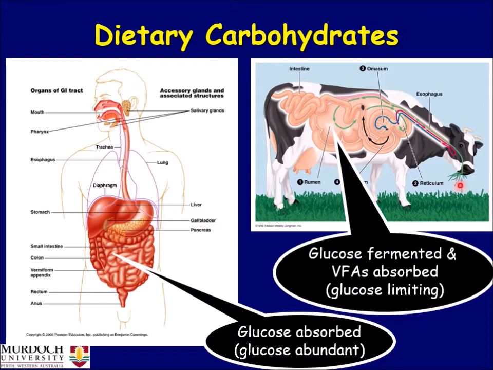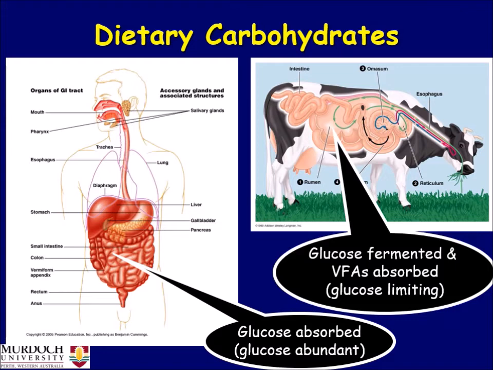Instead, when they eat carbohydrate, it ferments inside their rumen. I've already described the value of this symbiosis, with the microbes getting access to the sugar in cellulose, fermenting it, and excreting volatile fatty acids, in particular butyrate, acetate, and propionate.